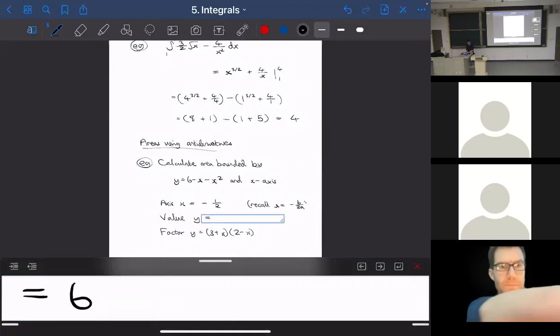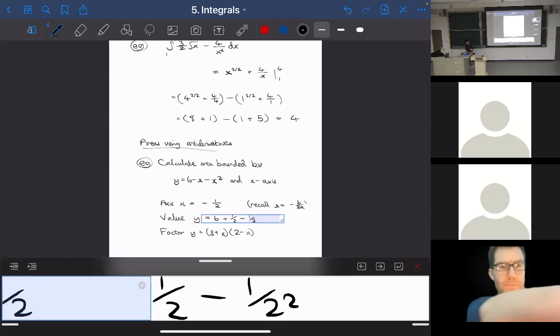So it's 6 plus a half minus a half squared, which is a quarter, like we said.